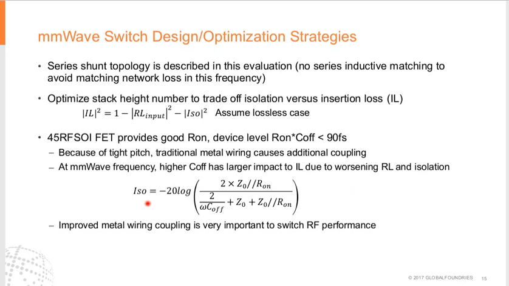Based on this equation, we can see the relationship between isolation and Coff. When the Coff increases, isolation will become worse. So we really need to improve the Coff and then improve the isolation, and therefore improve the insertion loss. This is very important based on my experience. To improve RF switch performance, it's very important to improve the Coff.